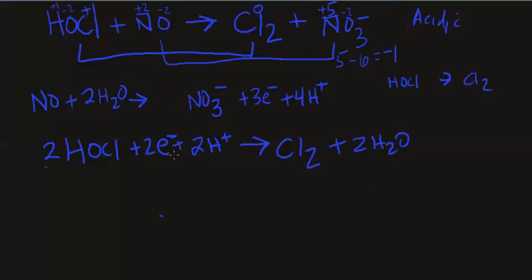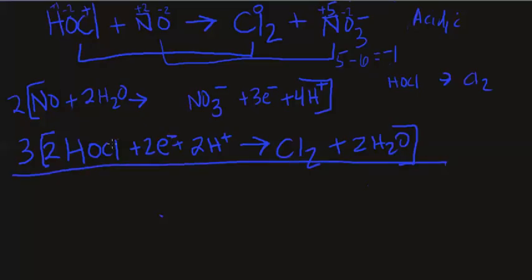So we got 3 electrons, 2 electrons. The smallest common multiple is 6. So we're going to multiply this reaction, the whole thing, by 3. We got to multiply everything by 3 in there. And this reaction, we have to multiply everything by 2. And we're going to add that up.